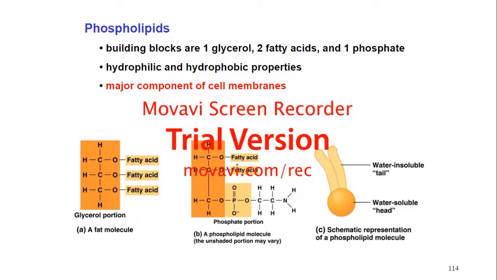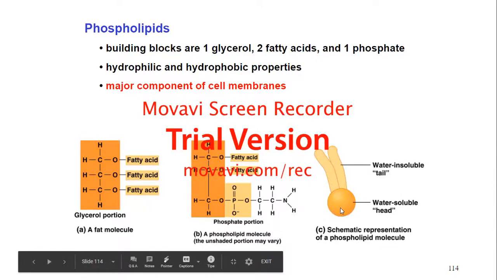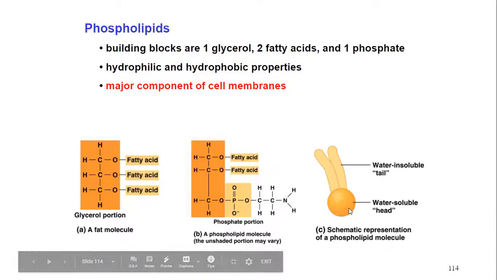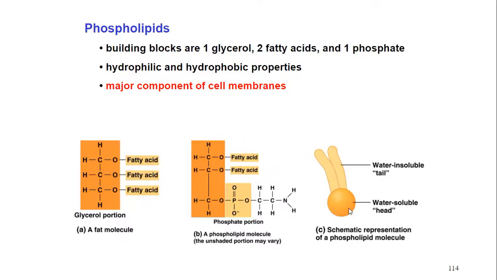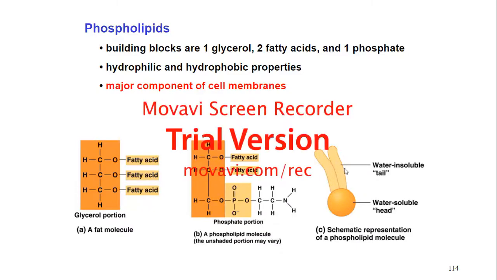Phospholipids have a water-soluble head. The phosphate group is usually the water-soluble head, meaning that it likes to interact with water. It's hydrophilic. But the tail is a fatty acid tail that is hydrophobic, that does not like water.